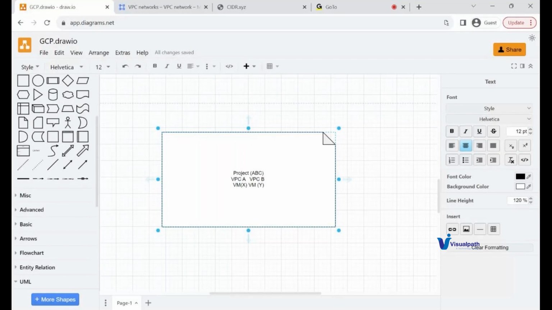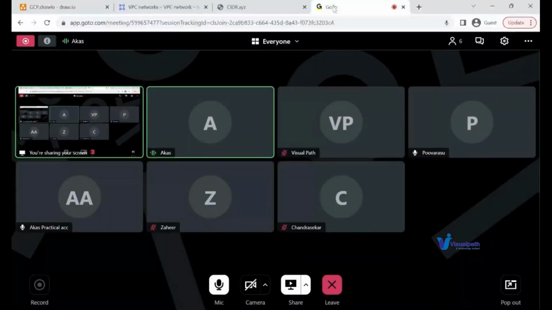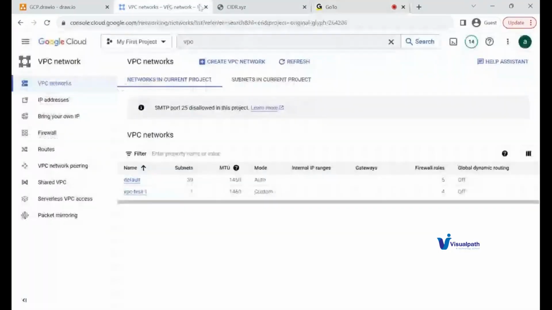You are saying if my VM X will be able to communicate with VM Y? Yes. Any other thoughts by anyone else? If it's in a different project, a gateway should be there to communicate.